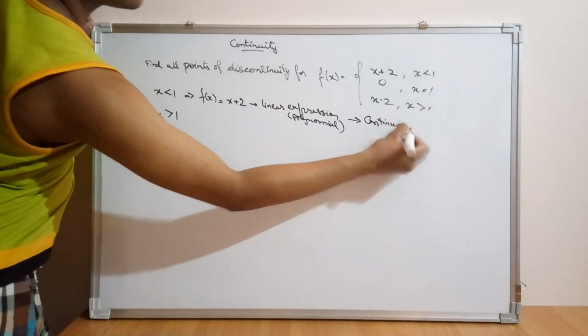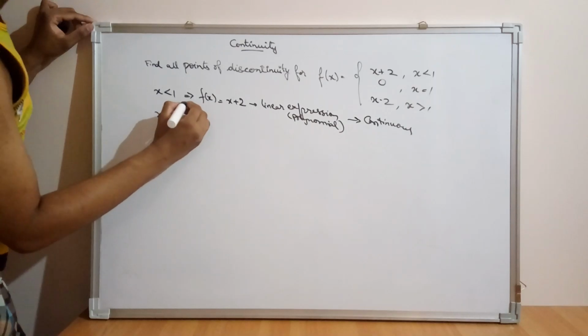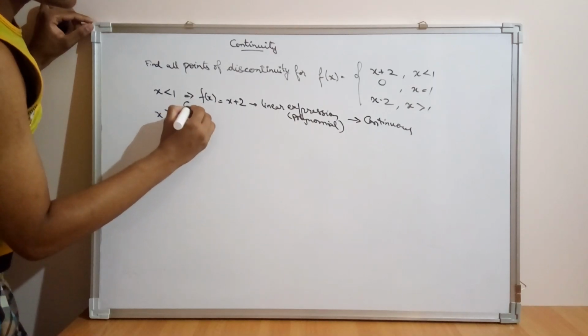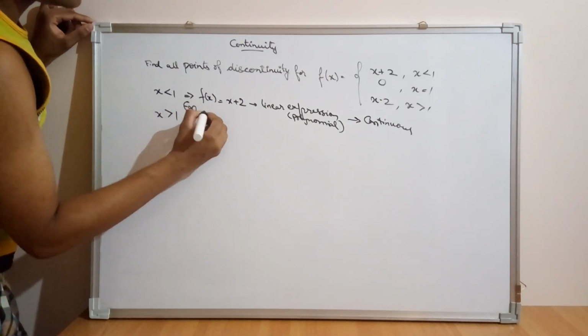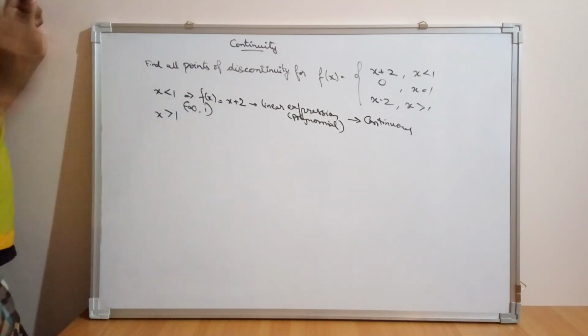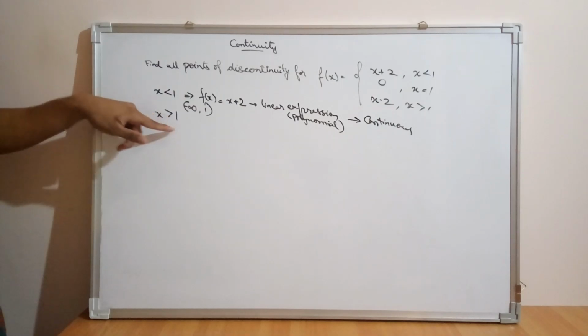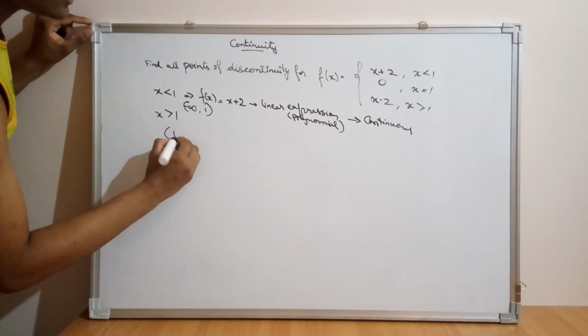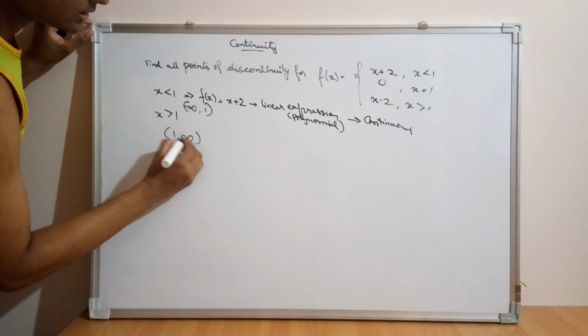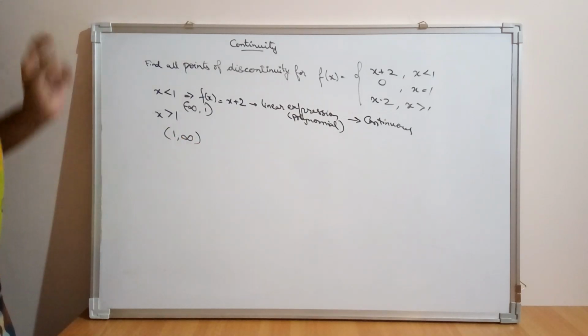When I say x is less than 1, I mean from minus infinity to 1, where 1 is not included. Similarly when I say x is greater than 1, I mean 1 to infinity, where 1 is not included.